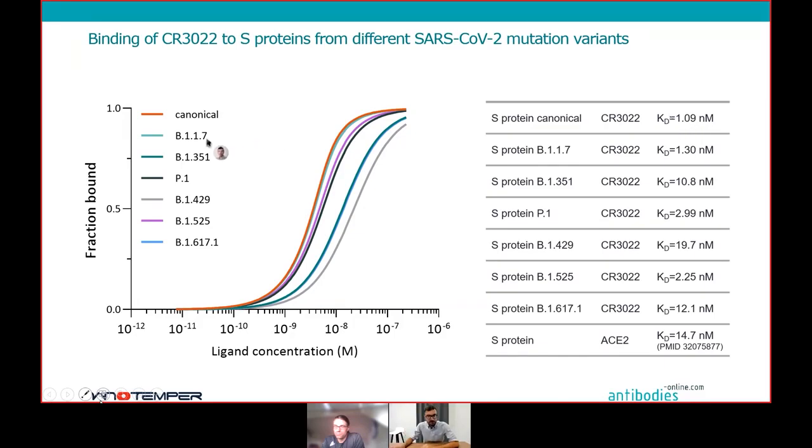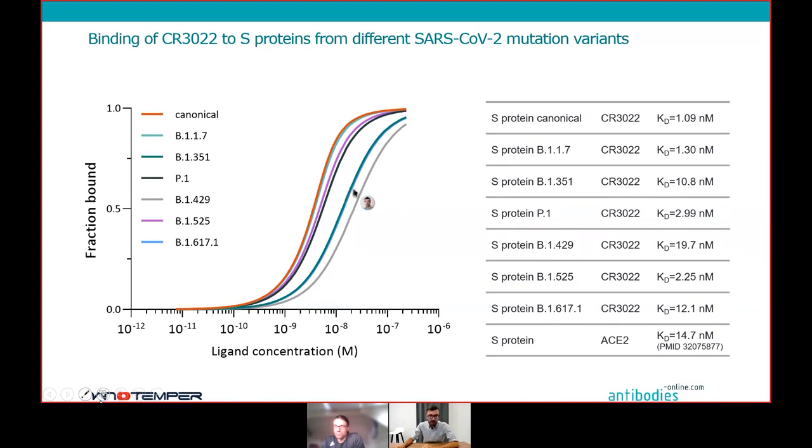Next, we could see that the B117, the alpha variant, showed a very similar binding, so apparently the mutation that the B117 has does not affect much how this antibody binds to the S protein. But then we already saw some differences. The P1 variant showed a factor 3 weaker binding.